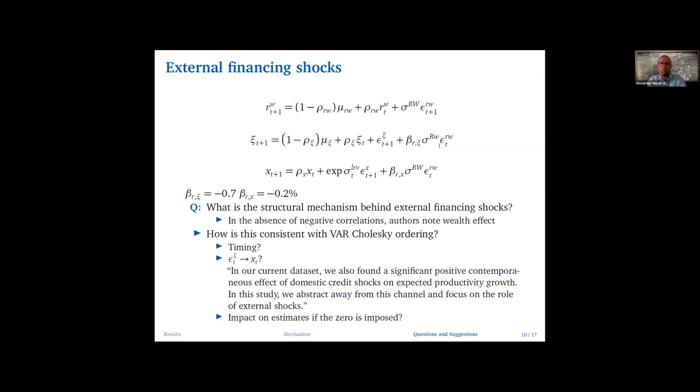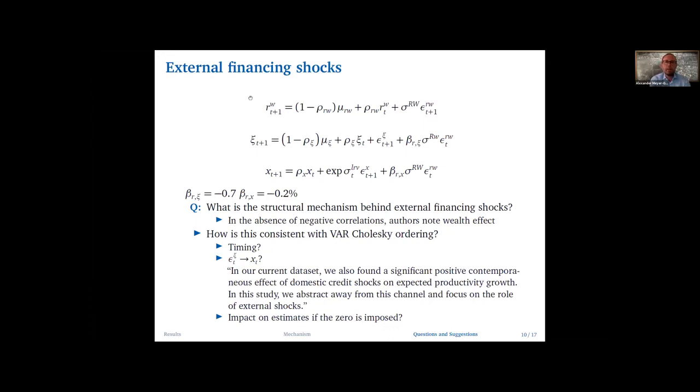One reason perhaps to object is that in the absence of these negative correlations, we end up seeing a wealth effect from the world interest rate. World interest rate goes up, households are poorer, start working harder, and this comes in. This doesn't seem to align, at least with my thinking of a small open economy that's dependent on external financing. So I understand why this has to go in there, but I'd like to see the link.